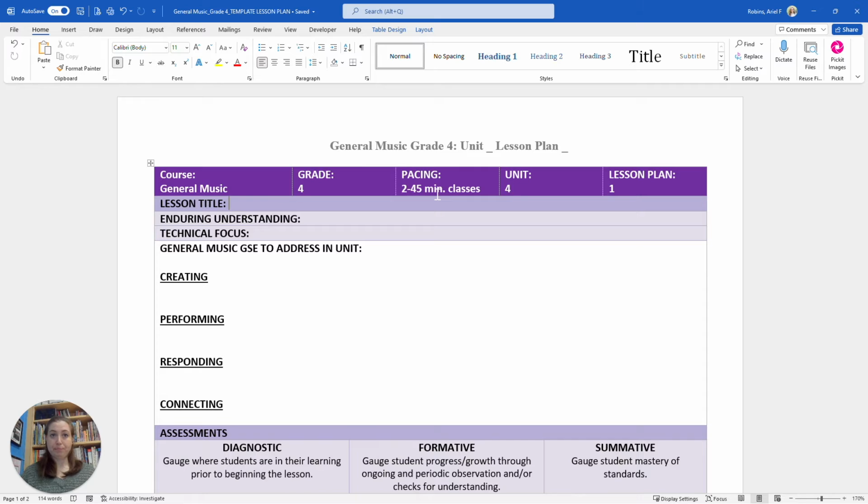That's one way to do it. My brain works on a week-to-week basis, so my lesson plans are usually one 45-minute class, and then the next lesson plan that I will create will kind of build on what we did before that. So here is a spot where you're going to put in the standards, and in a few minutes I'm going to show you a trick to make that much easier in your life.